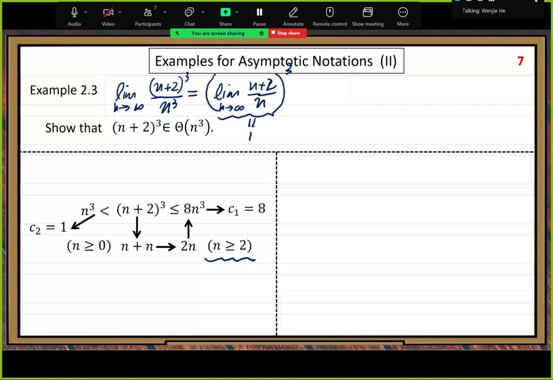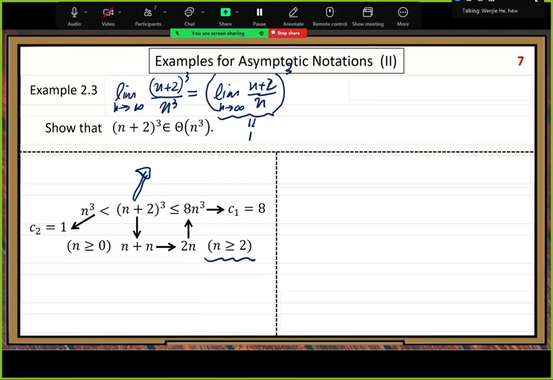Although this method is so simple, I want to point out one way that many students did wrongly before. I assigned a similar question a long time ago, and many students expanded this cube.